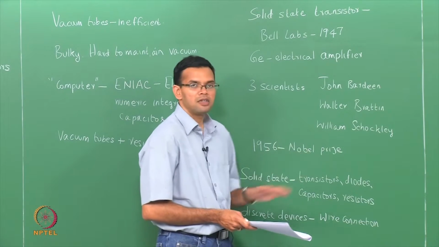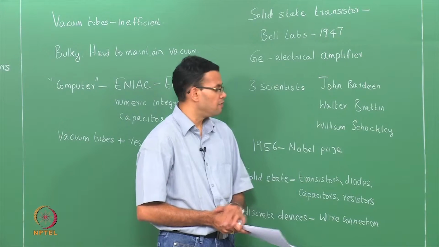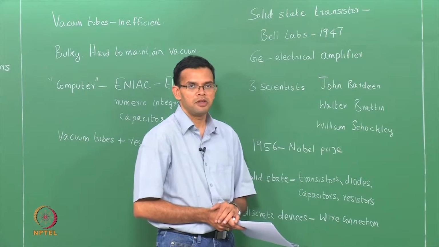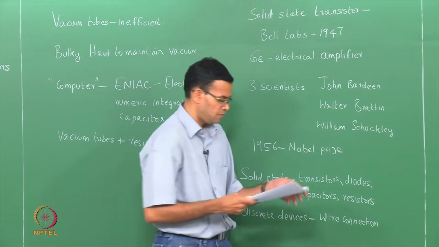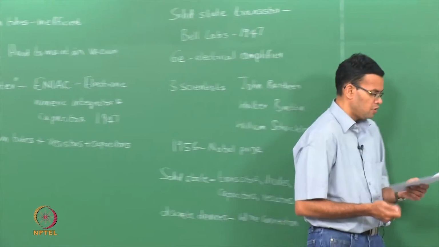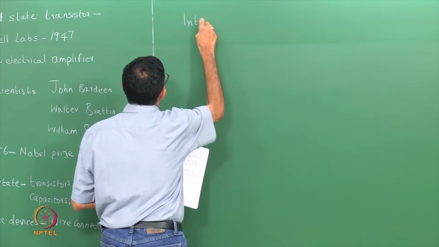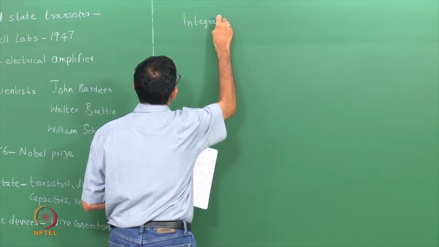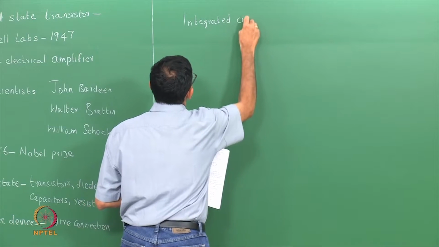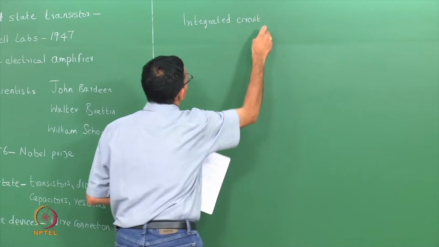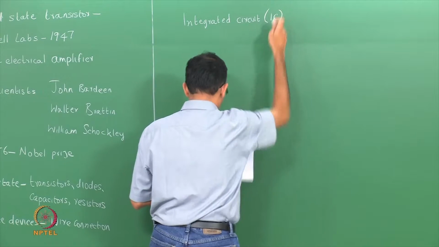So, the first integrated circuit happened when these different components were made on the same wafer. In the case of the integrated circuit, the short form is just IC.